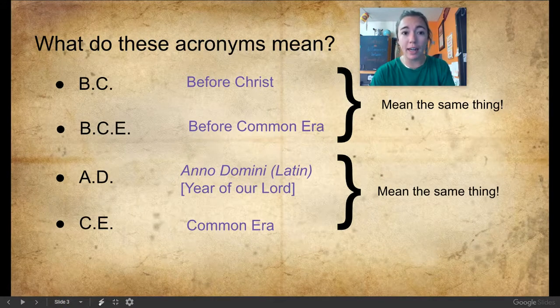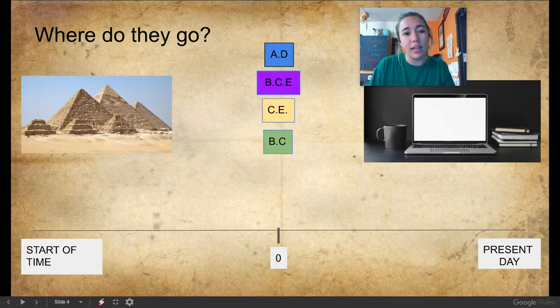Okay, and before we move on, I'm going over this because historians and scientists have started using BCE and CE more often, but it is good to be aware of all of these acronyms and to know that BC and BCE mean the same thing, and AD and CE mean the same thing. Okay, but now let's use this timeline to help us see where these acronyms go. Like, what does this really mean? Well, if we look at the timeline, it's just a line and it has times on it. So this is the start of time, and then we advance forward until historians established the year 0.